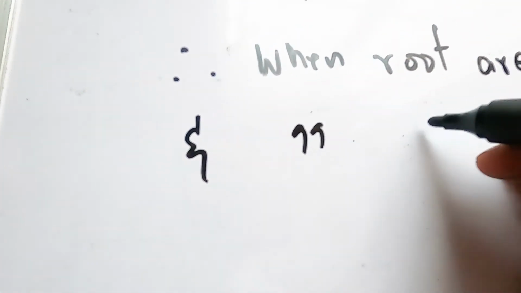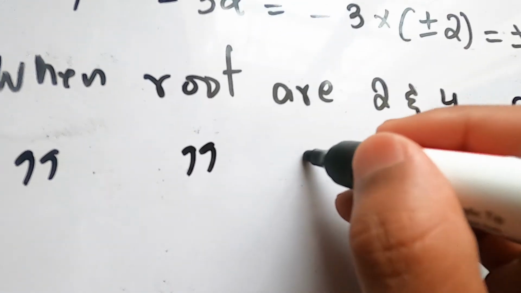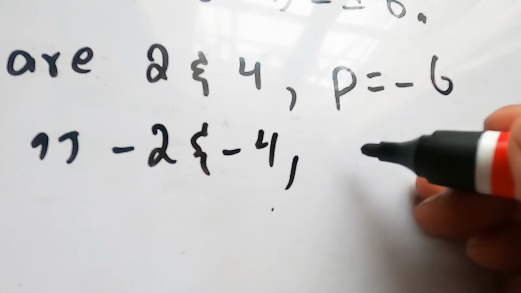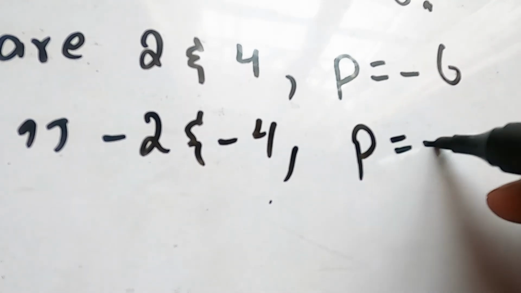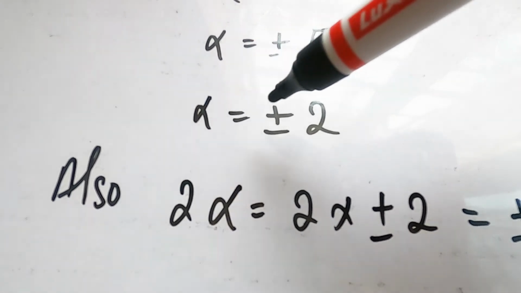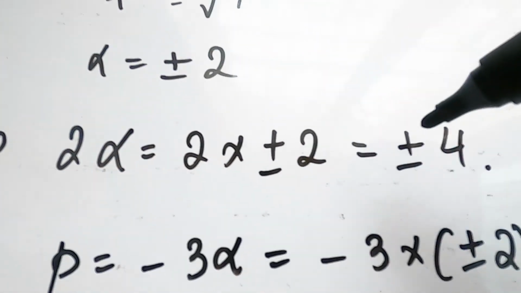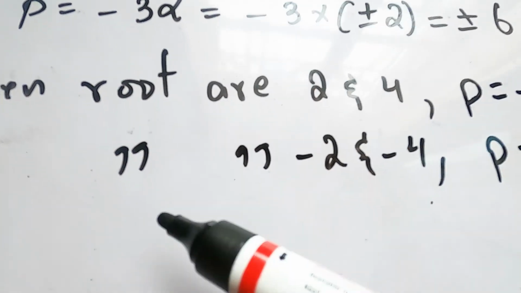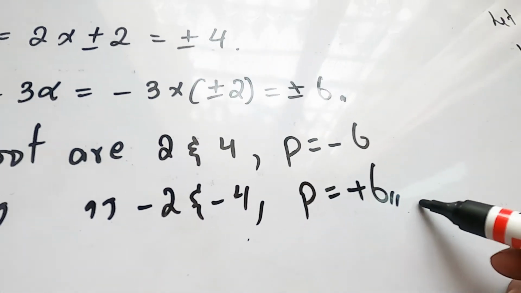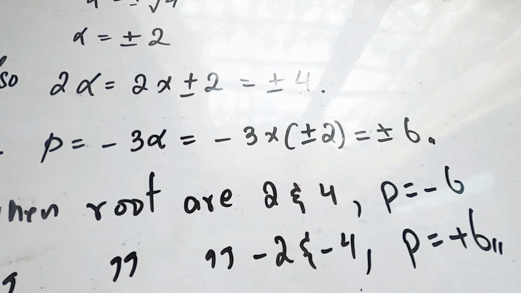And when roots are minus 2 and minus 4, the value of p will be plus 6. So when alpha is minus 2 and minus 4, the value of p will be plus 6. So this will be your answer.